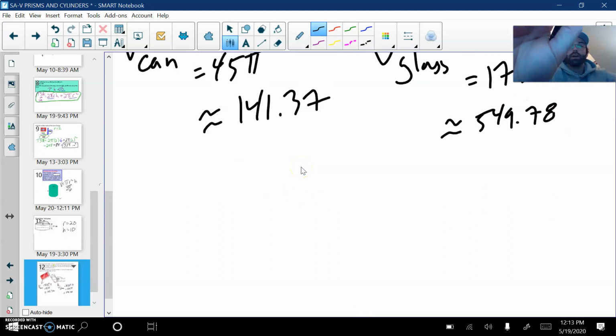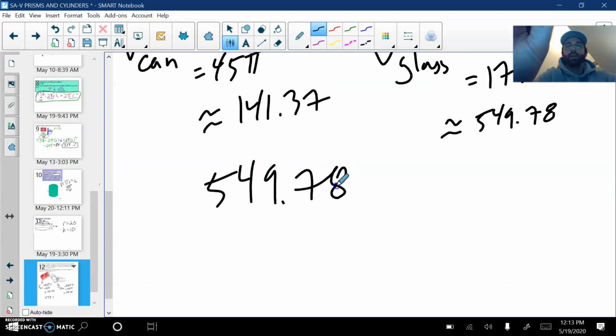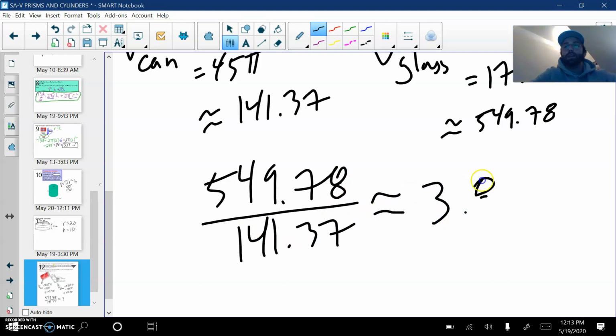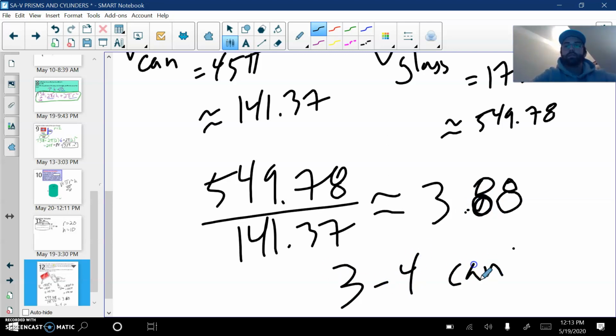So I did 549.78 over 141.37, and I got about 3.88. So I would say roughly 3 to 4 cans. That's a lot of soda.